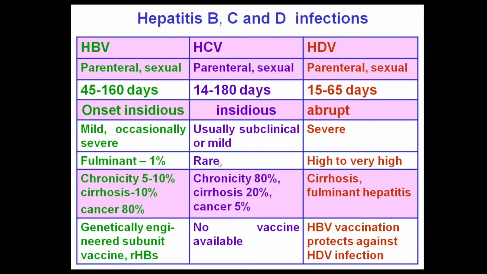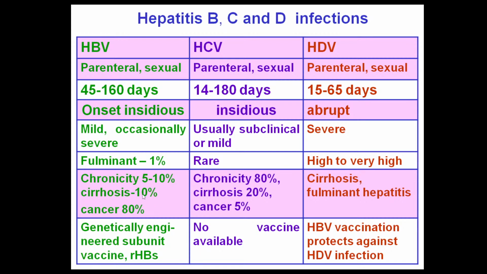The lethality is very low for hepatitis C and really very low for hepatitis B. And the ability to cause fulminant infection is very low in B and C, but very high in hepatitis D.